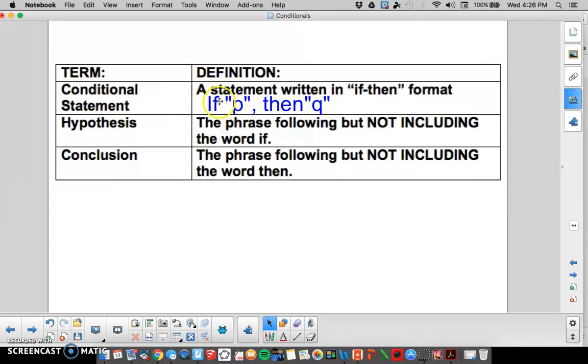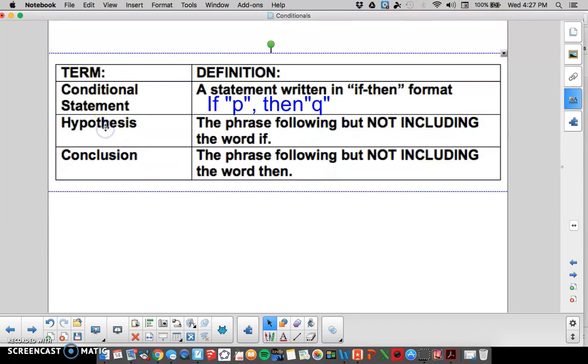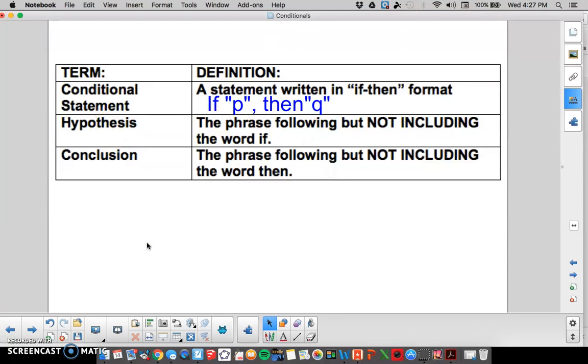Now, what this means is if that first statement happens, it's implied that Q will happen. So we have what's called the hypothesis and the conclusion. The hypothesis is the first part of that statement. So the hypothesis is P, and the conclusion is Q.